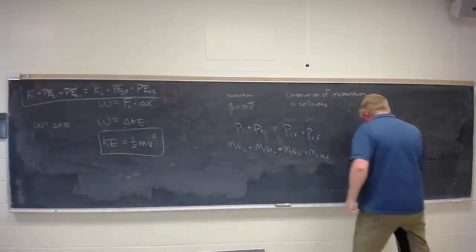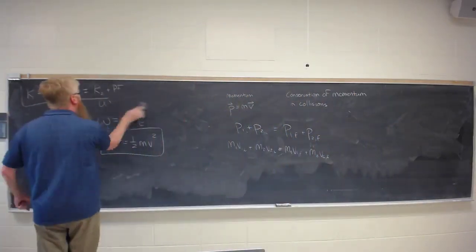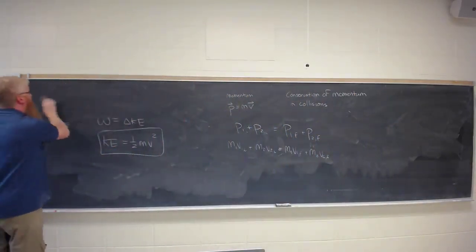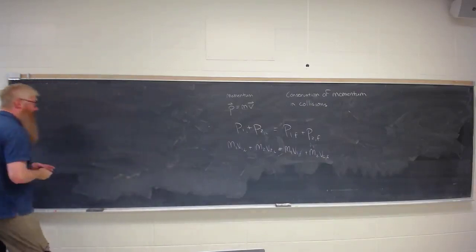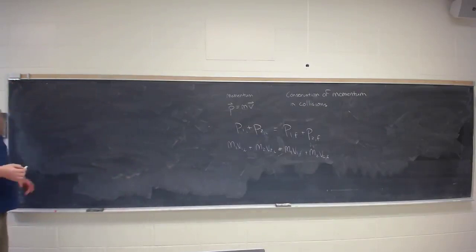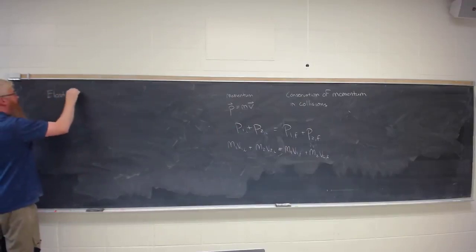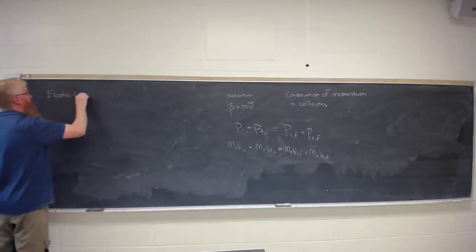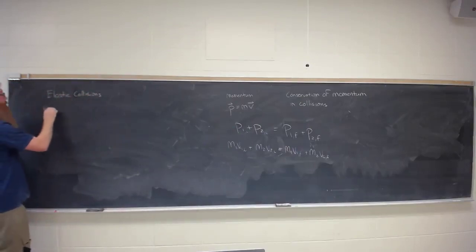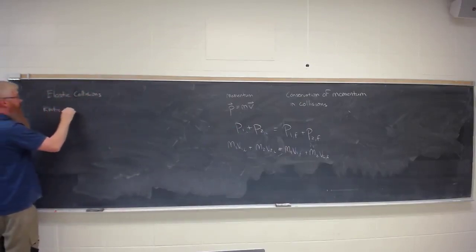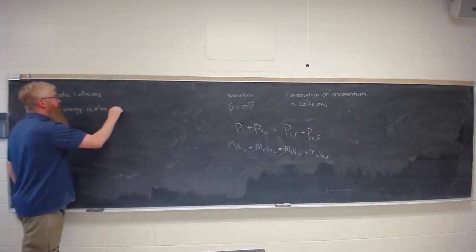But there are different types of collisions. There are perfectly elastic collisions, and then there are perfectly inelastic collisions, and then there are just inelastic collisions between those. So we'll talk about elastic collisions. For elastic collisions, kinetic energy is also conserved.